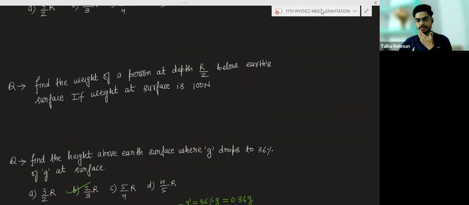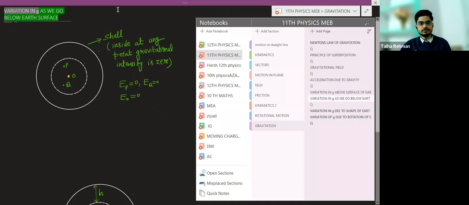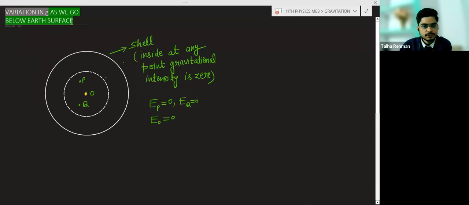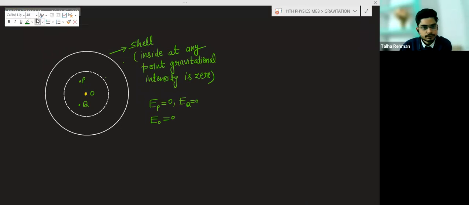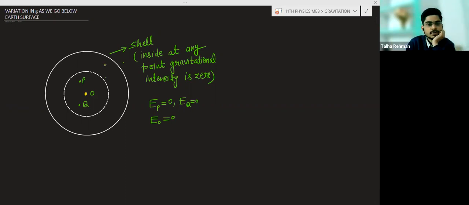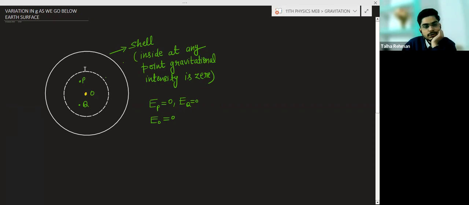Okay, first we will discuss the variation in acceleration due to gravity as we go below the Earth's surface. So this is the Earth, and now we are going below the surface, means in depth we are going. Here we are living, and now we are going inside the Earth.